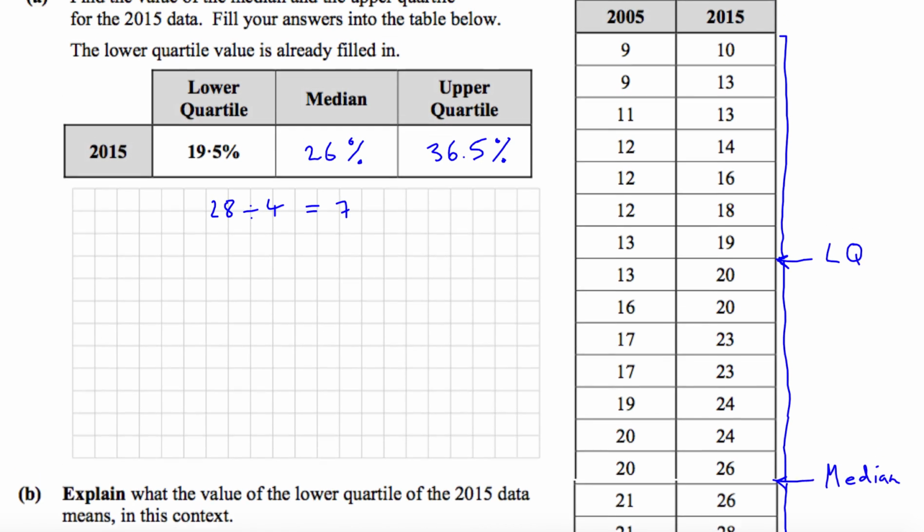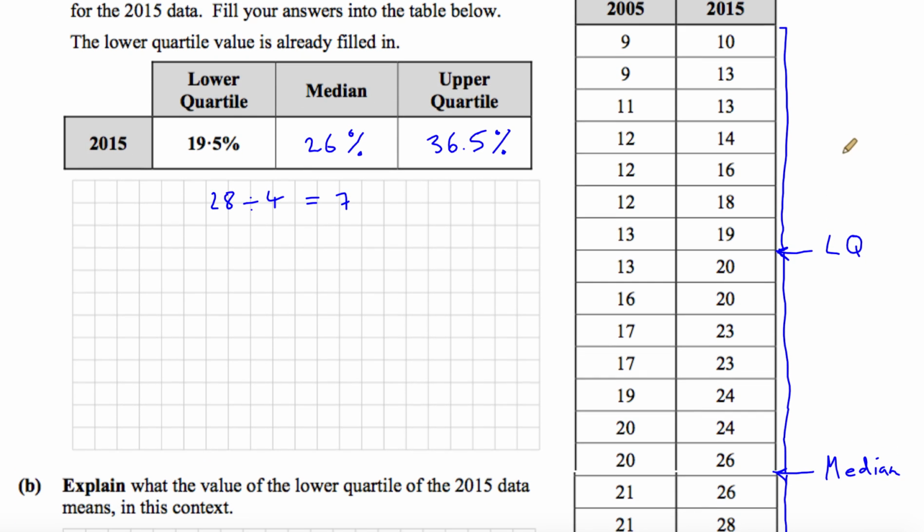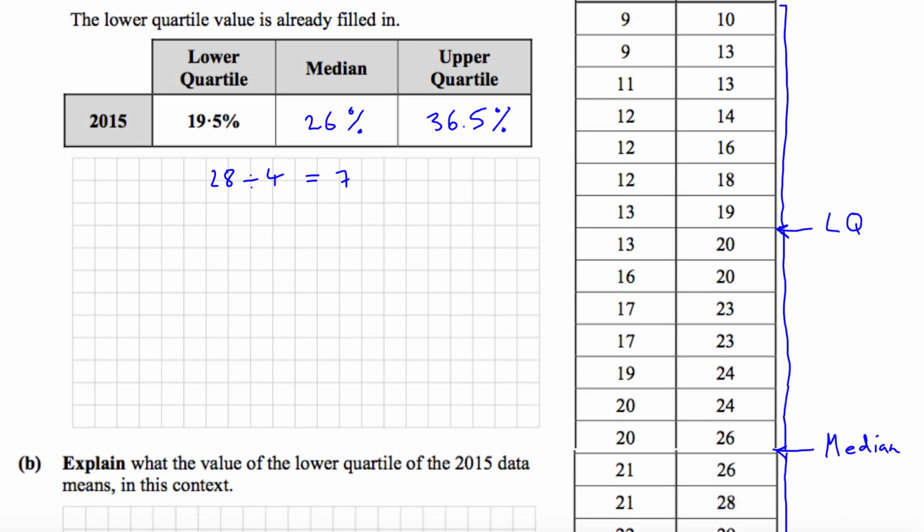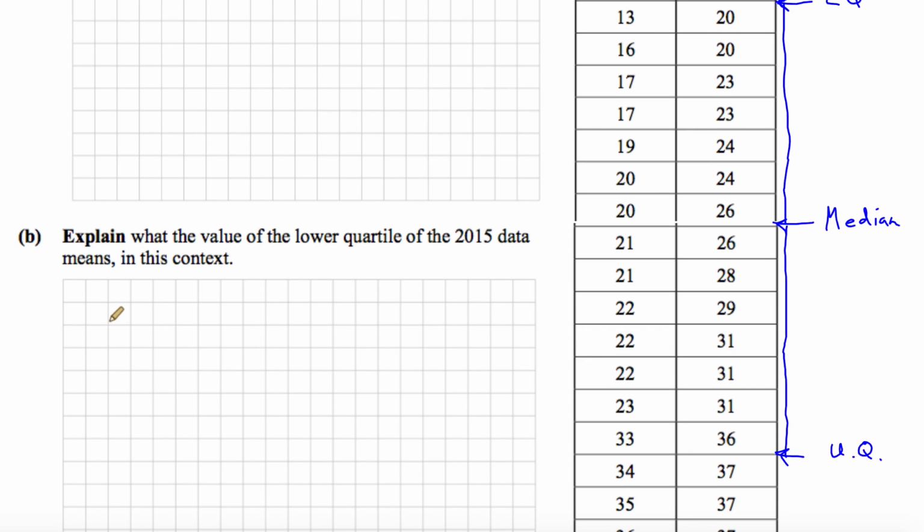So the lower quartile for the 2015 data, which is 19.5%, well, that means that in one quarter of the countries, that's these bottom 7 here, less than 19.5% of the members of Parliament were female in that year. So in other words, all these numbers, but definitely less than 19.5%. So that's just what we need to put down.